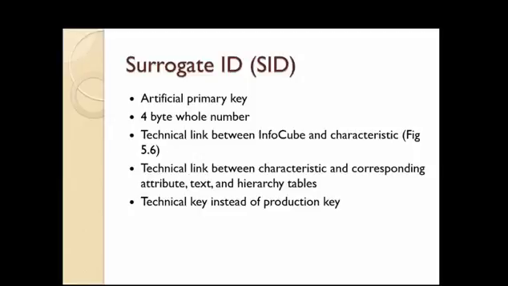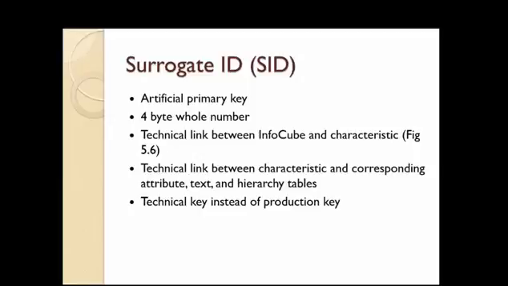So in other words, say we have 5 different materials for sale. But in the cube, we have sold only 2 materials so far. So if you look at the material dimension, under SID material, we have 3 and 1. So we have sold material 3 and we have sold material 1. All right, so we can connect and find out which materials we have sold through the SIDs.